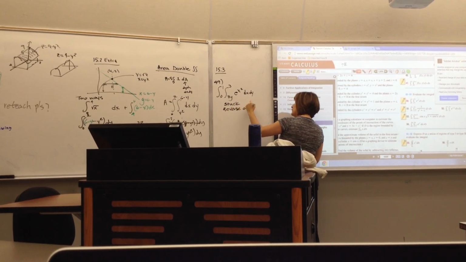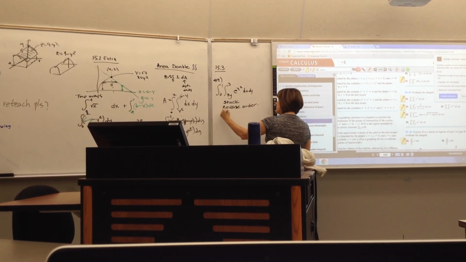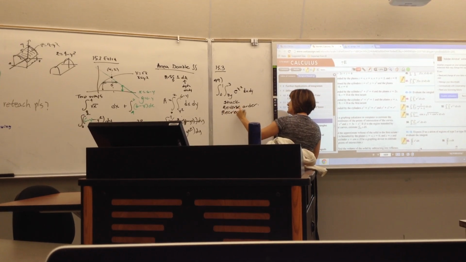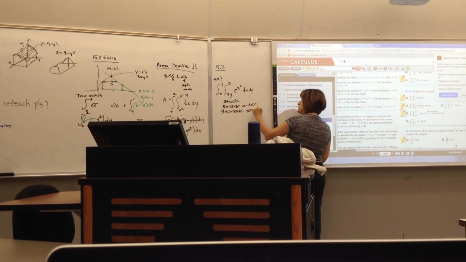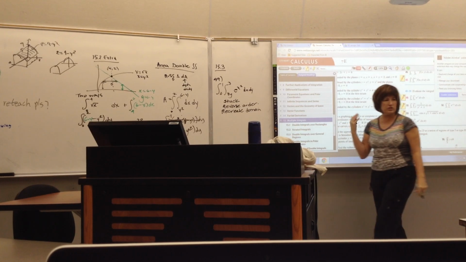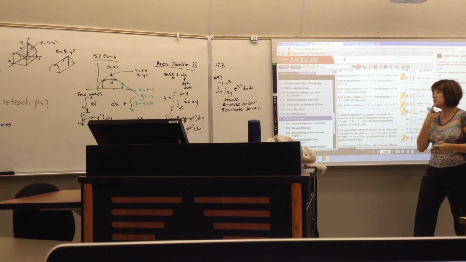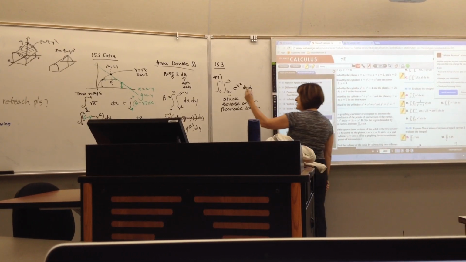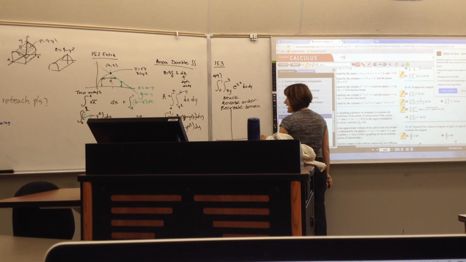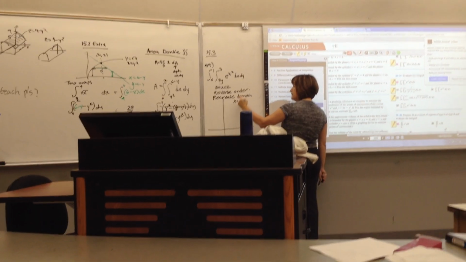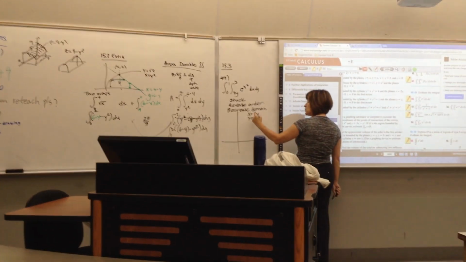Now to reverse order, what I would do is recreate the domain. I know some of you do this all algebraically. I like to do it geometrically, like drawing a picture. So x goes from 3y to 3. So x equals 3y is the same as y equals 1/3 x.